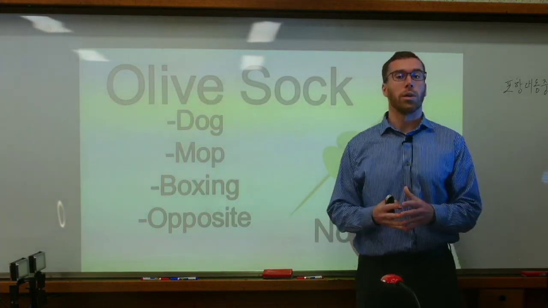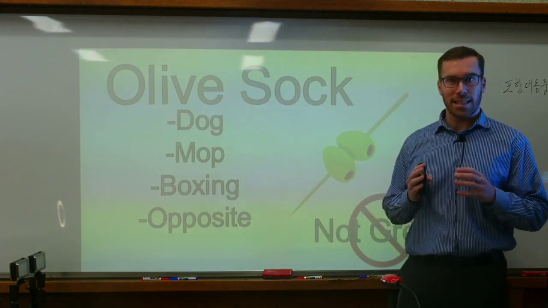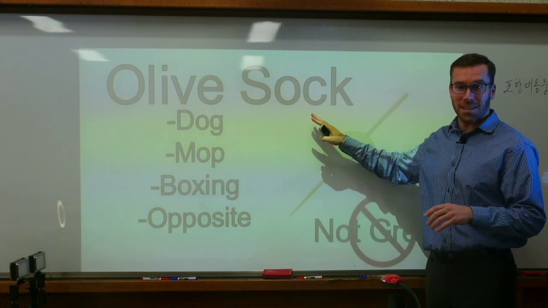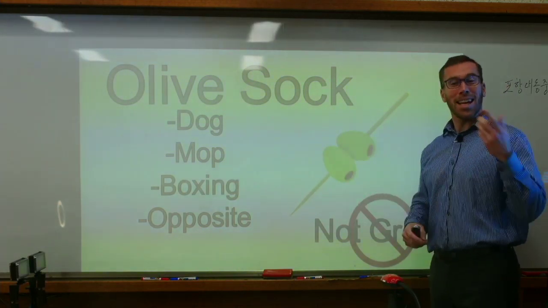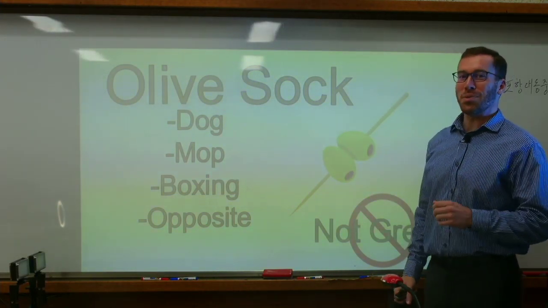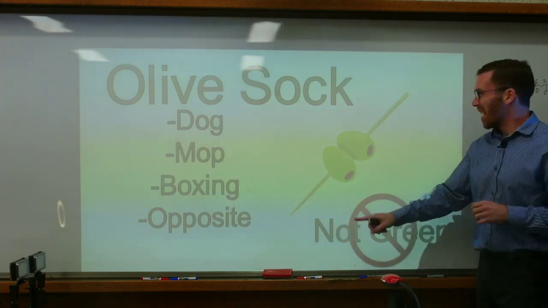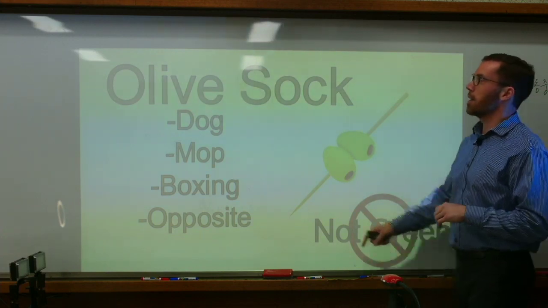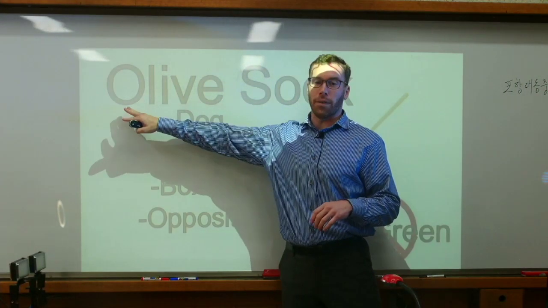The O sound, olive sock. Now it's hard to see in this presentation, but later if you download, it's not green. Remember, green is the E sound. This is olive.